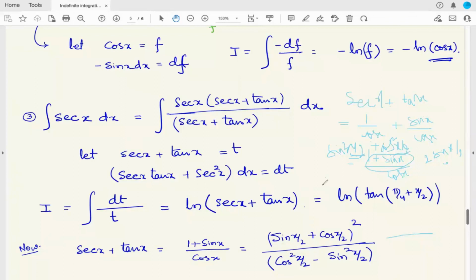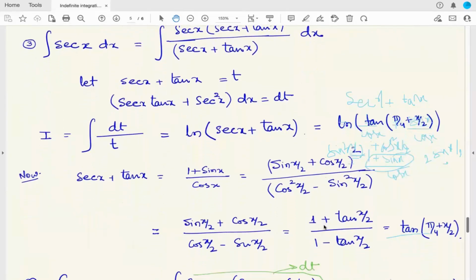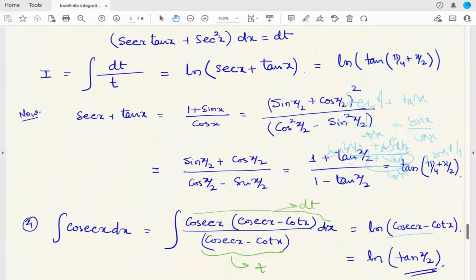And cos x we can write as cos square x by 2 minus sin square x by 2, because the cos 2x value is cos square x minus sin square x. So we just follow through it, and when we proceed, we get the result tan of (pi by 4 plus x by 2). Okay, hope you understand this. Similarly with cosec x, just try to multiply and divide by cosec x minus cot x.